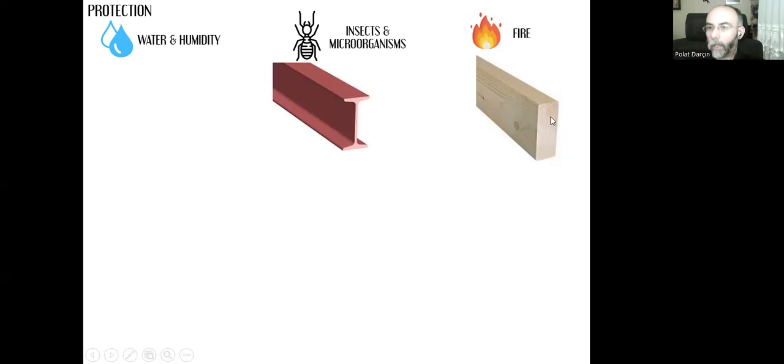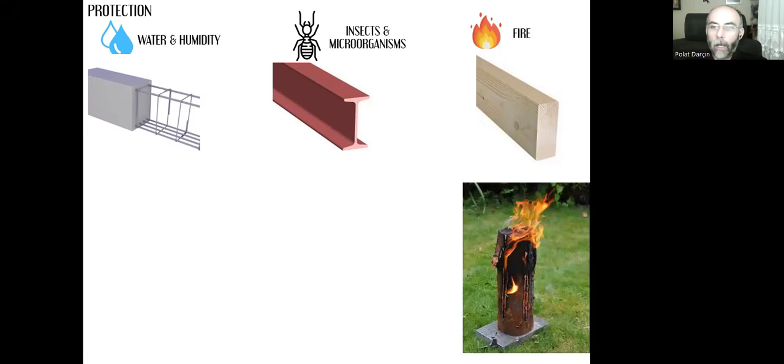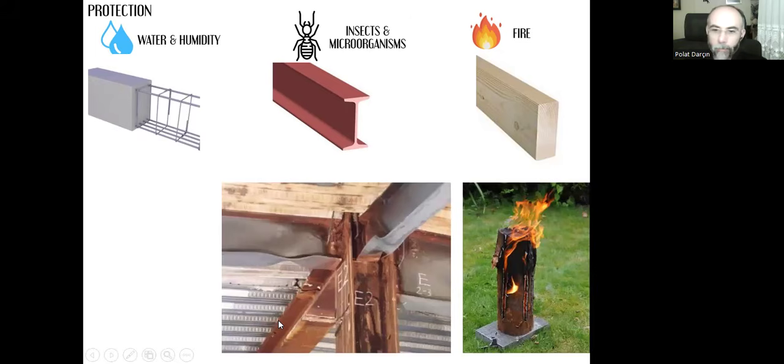When we say fire, everyone knows that timber wood is a combustible material, and steel or reinforced concrete is non-combustible. You cannot burn steel or concrete. However, timber burns easily.